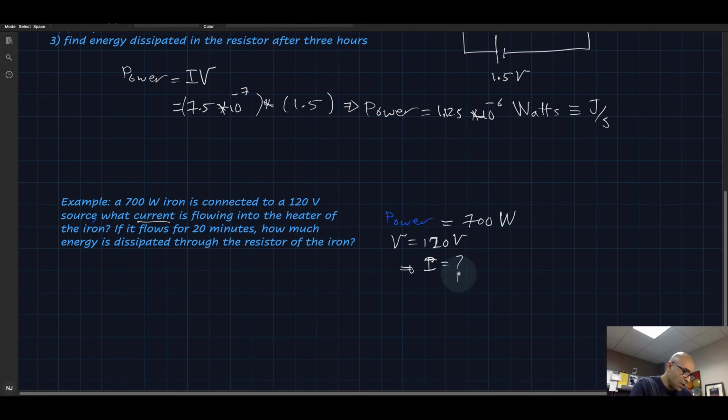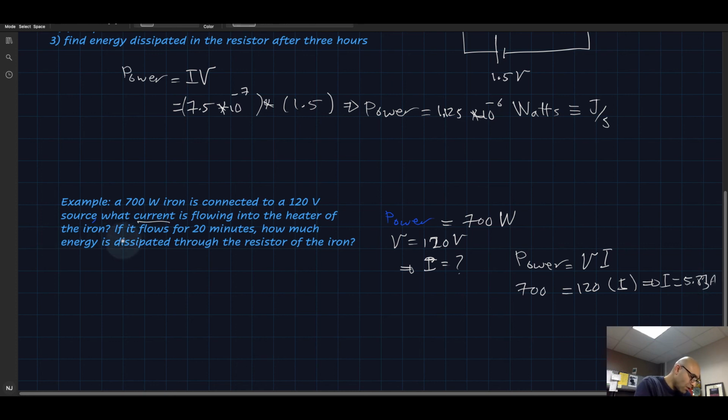Well, again we can use this equation: power is equal to V times I. The power is 700. Voltage is 120, just like the one you get at home. And this is the current. Then divide by 120 both sides. You get I is equal to 5.83 amps.